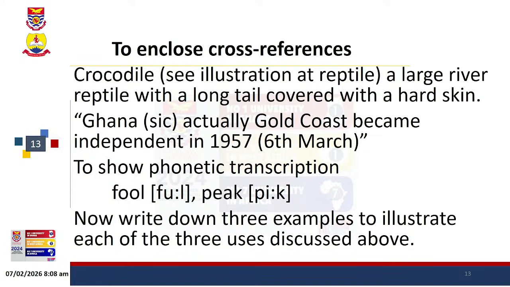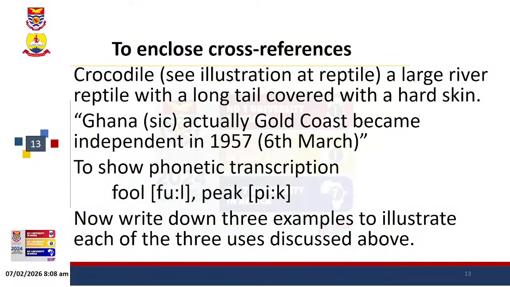Then Ghana, SIC. Usually this SIC in brackets is provided to indicate that this is how I found the spelling or the word in the original. Okay? Sometimes they are wrong spellings, but you are quoting from somebody. You don't want to correct them because you don't know why they put it that way.